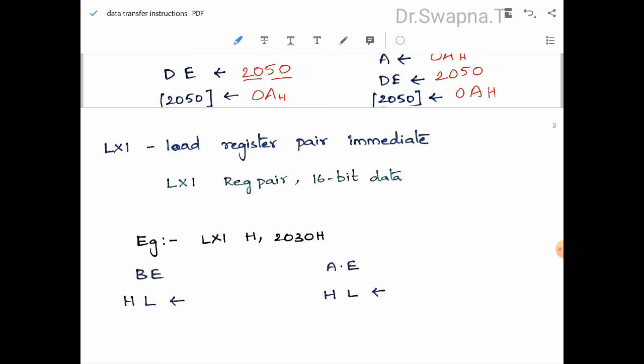Example, LXI H, 2030. Before execution we need not bother what is there in the HL, but after execution your HL pair has 2030. So H gets 20 and L gets 30.